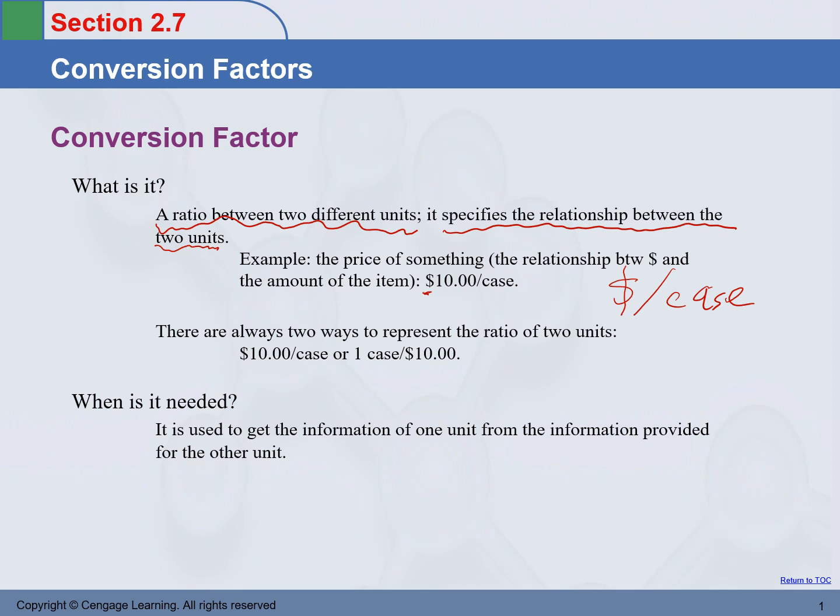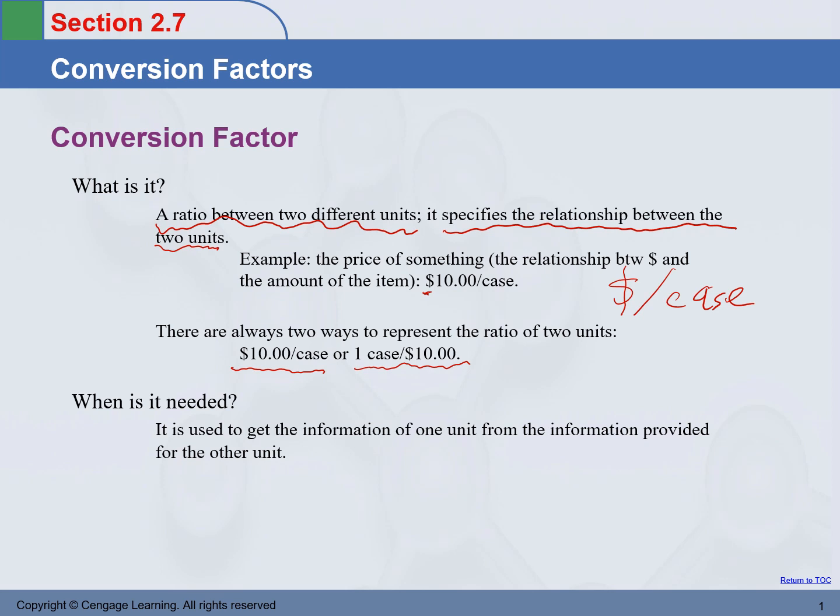For any ratio of 2 different units, in this case, the price of something, there are always two ways to write a ratio. You can write the price of something as $10 per case, or you can write it as 1 case for every $10.